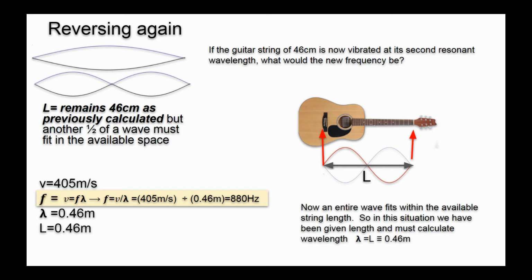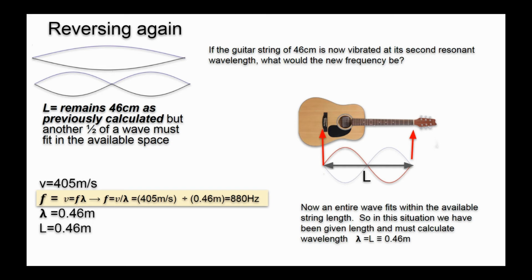This is pretty common. If the guitar string in the previous example of 46 centimeters is now vibrated at its second resonant wavelength, what would the new frequency be? And in this case, we found an L in a previous problem.